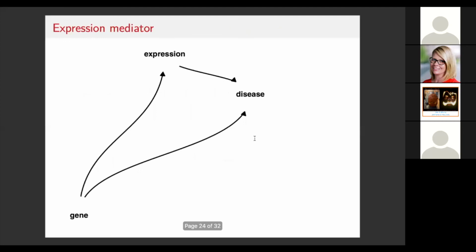So let me give you an example here. If I condition on expression, then it would block this link between gene and disease. So let's say this direction was absent, that is, the gene did not have a direct effect on the disease.